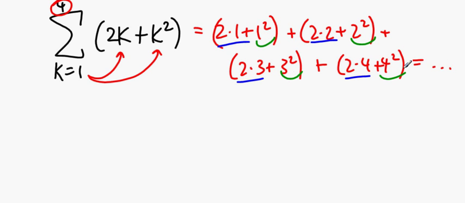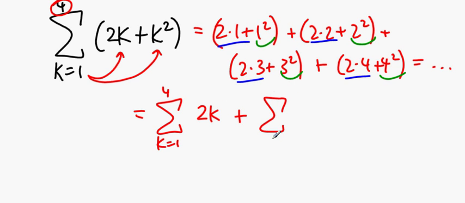Now, just so we're clear, there's that, and there's that. So I think you could say that this is also the sum of the two k's plus the sum of the k squareds. If you have a sum of sums, you can write that as a sum of sums.